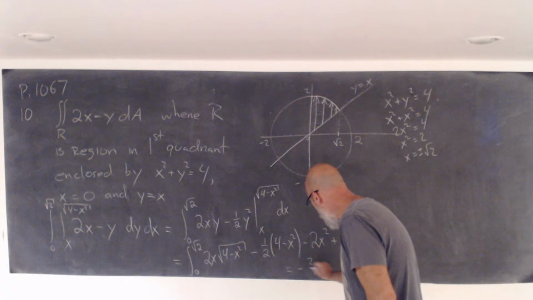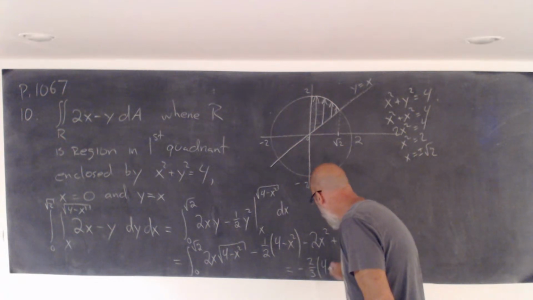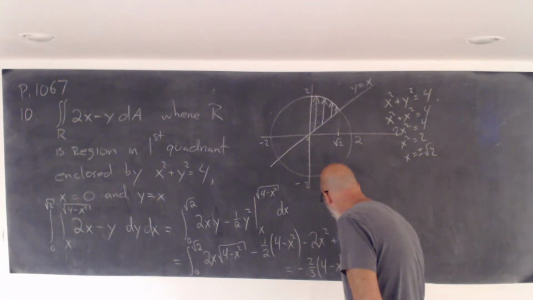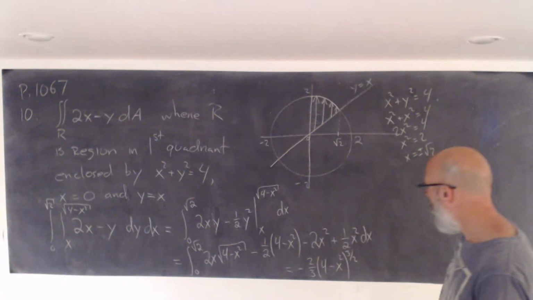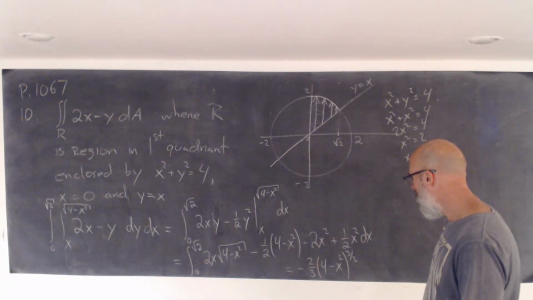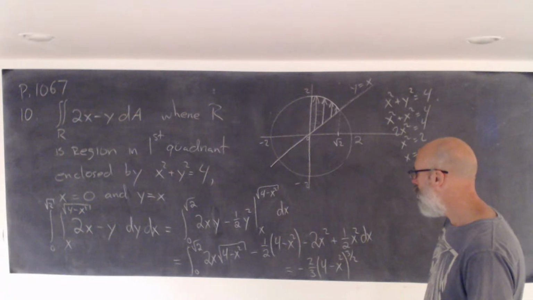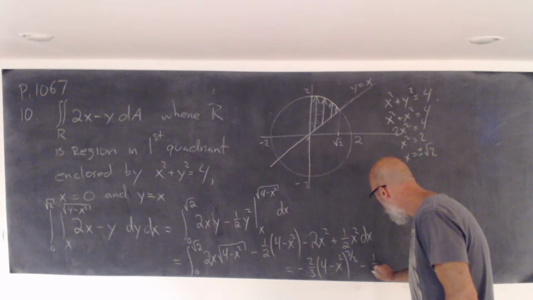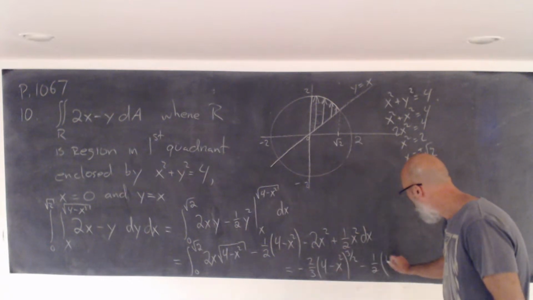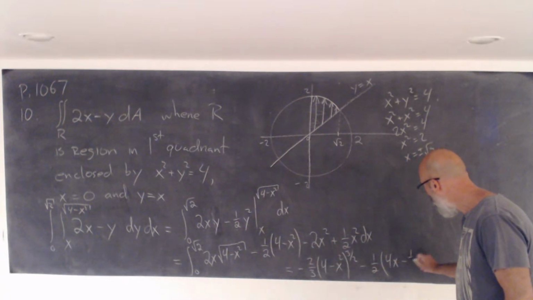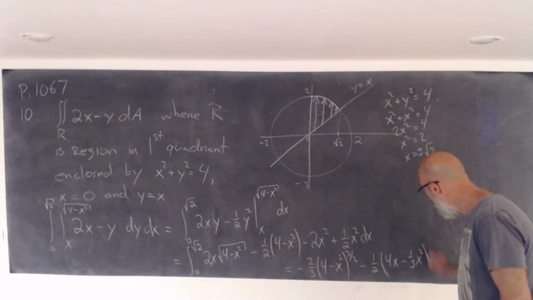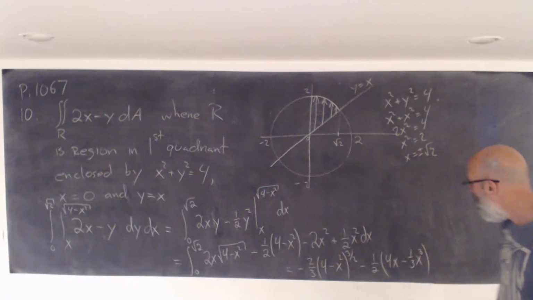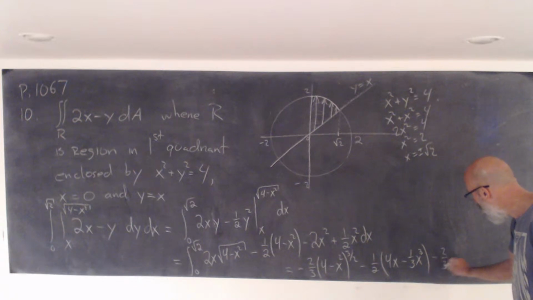This is minus 2/3, 4 minus x squared to the 3/2. Minus 1/2, 4x minus 1/3 x cubed, minus 2/3 x cubed.